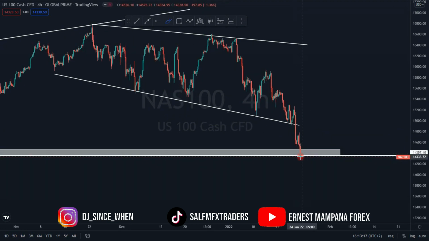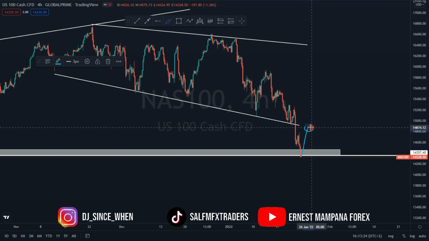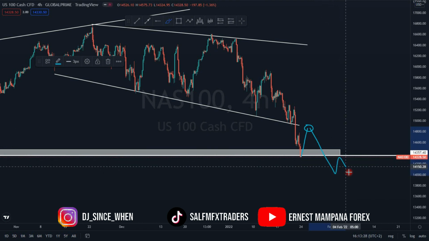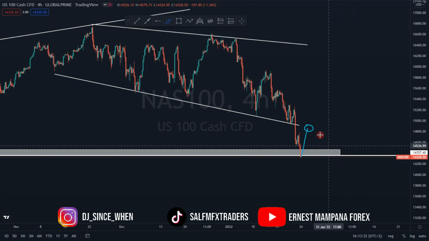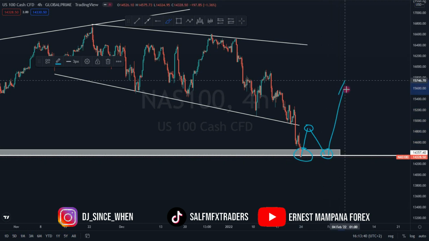There are two things that I'm expecting right here: a rejection to come back up to test at this level, and then the market might continue, finally break, like I said, on a bigger time frame. Or one thing that could happen again is that the market might still come back down here, giving us a double bottom, and then continue going up.